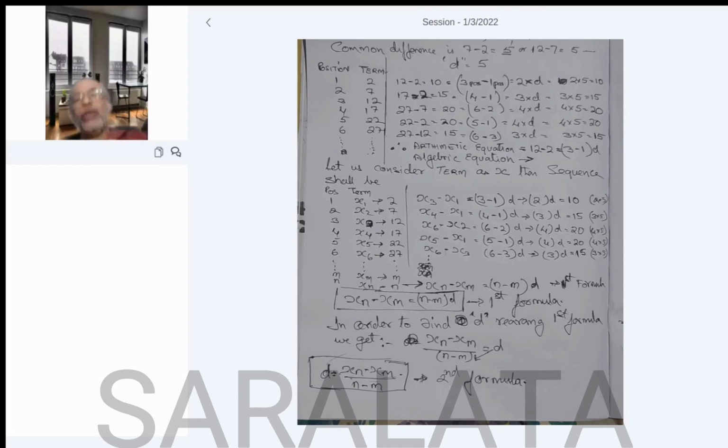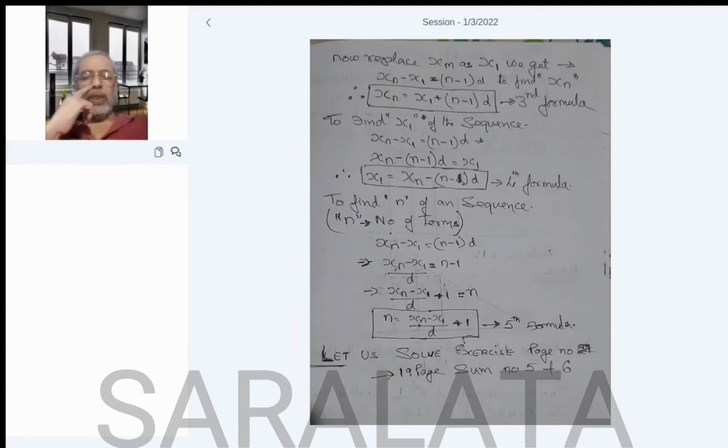So to get the first term, instead of writing xn minus xm, what I do is xn minus x1. I replace xm with x1. So the same thing is repeated: xn minus x1 is equal to n minus 1 into d, now replacing xm as x1.